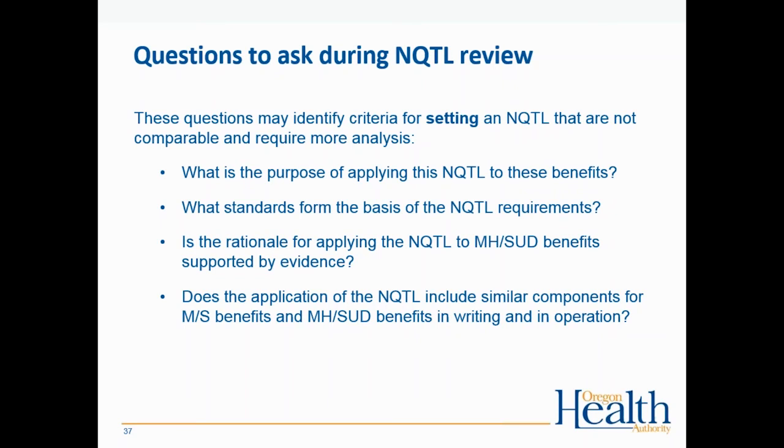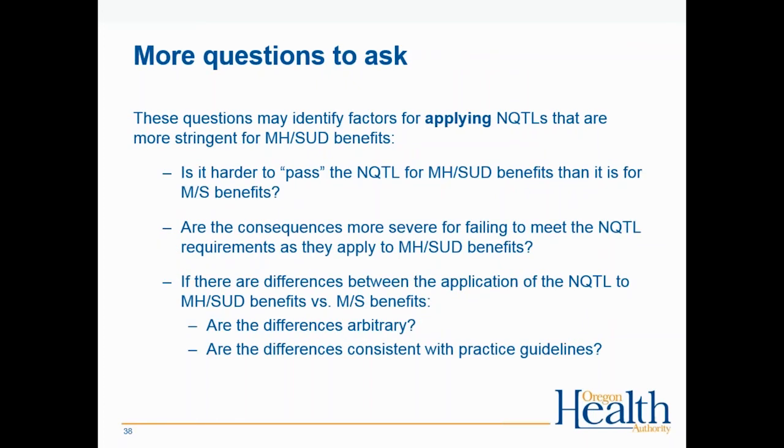So what are the standards that form the basis of the NQTL? Are they recognized by the national practice, or are they more ad hoc? Is the rationale for applying the NQTL to mental health sub-benefits supported by evidence? Does the application of the NQTL include similar components for med-surg benefits and mental health sub-benefits in writing and operation? And these speak to the process as well as the formation of the standard.